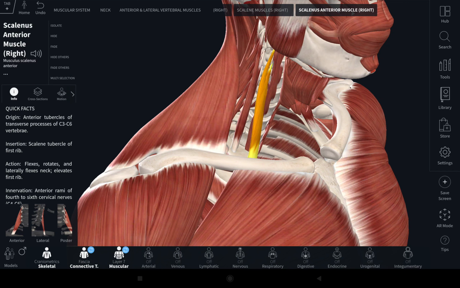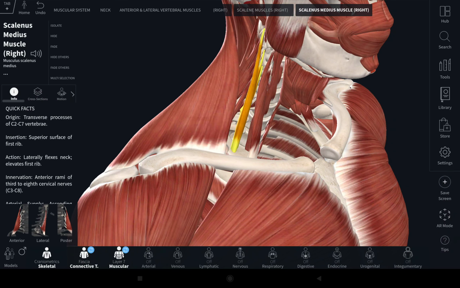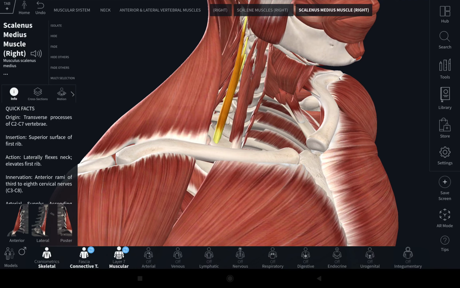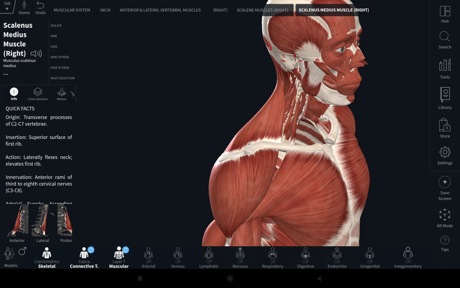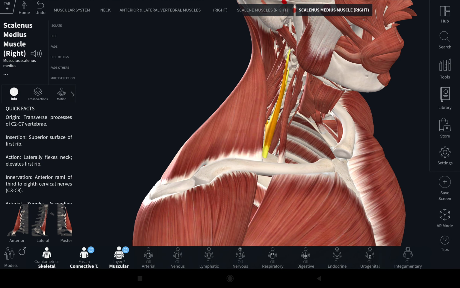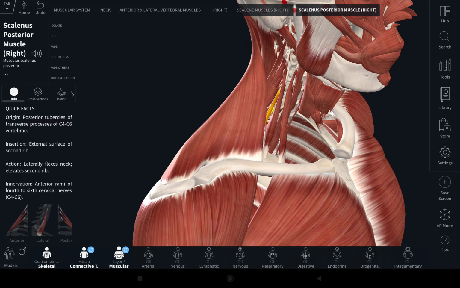This is the scalenus anterior muscle. This is the scalenus medius muscle, and look carefully behind the scalenus medius muscle. This is the scalenus posterior muscle.